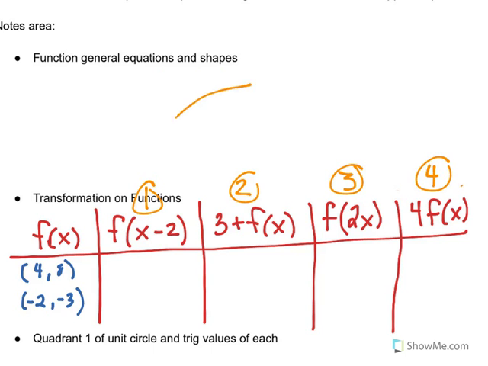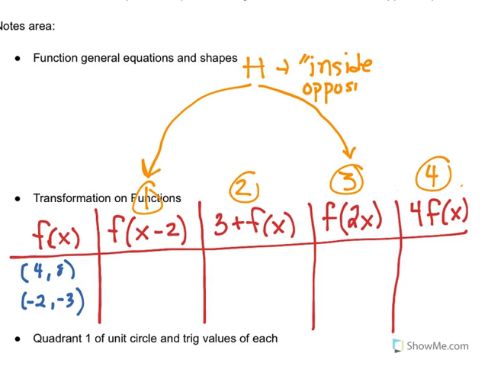I would say it is this choice and this choice that are the horizontals. And why are those the horizontals? Because the transformation is taking place inside the parentheses. And so what happens is going to be the opposite of the actual transformation.